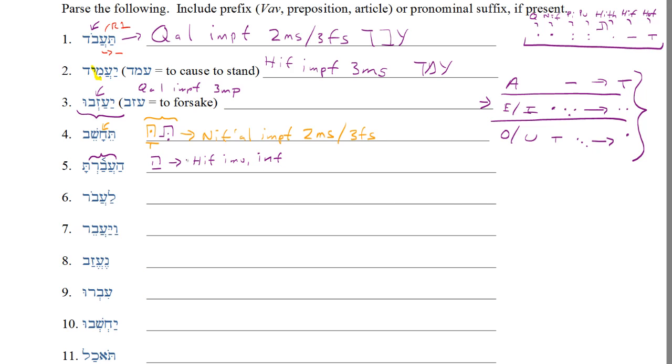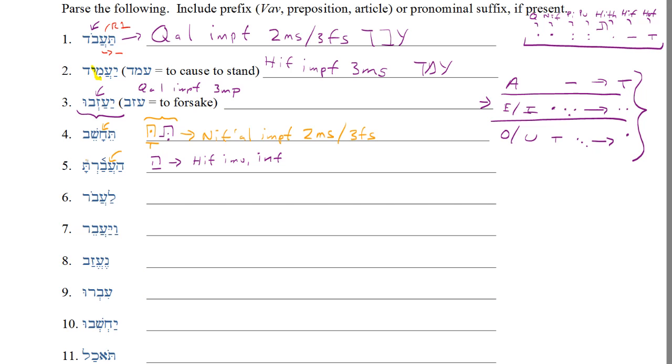But before we think that it's a hifil, imperative, or infinitive, note the R1 vowel. The R1 vowel here is a guttural, and it has a hataf patach. And so it's possible then that this is not a true patach like an imperative or infinitive would have, but it's a reflected patach from the compound schwa.